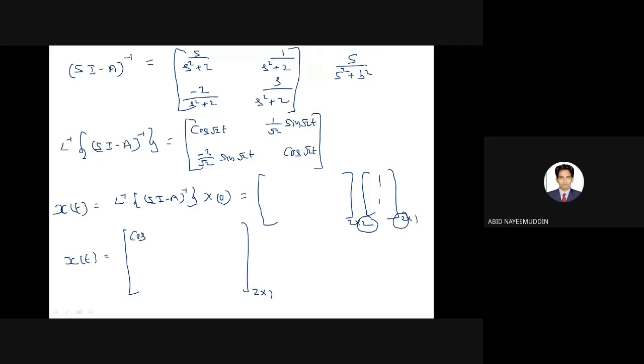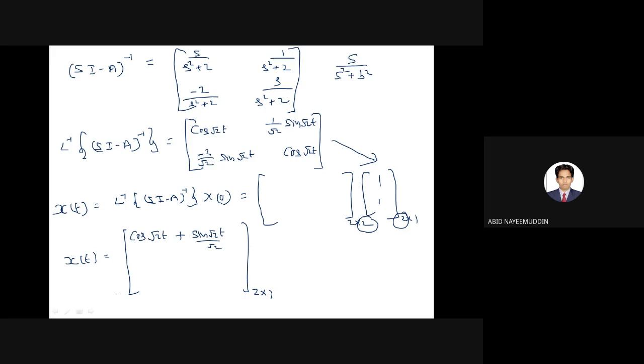If you multiply this matrix with the [1; 1] column matrix, you will get cos of root 2 into t plus sine root 2 into t divided by root 2.